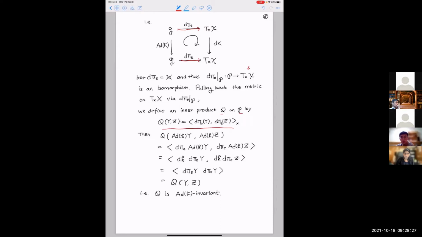This is a very natural definition. So then Q is actually adjoint K-invariant. This comes from this commutative diagram.